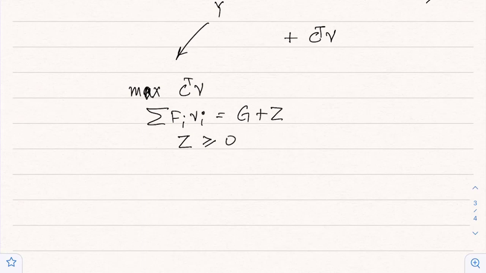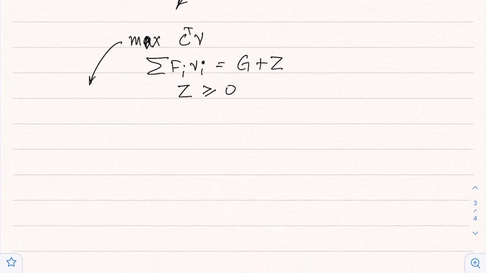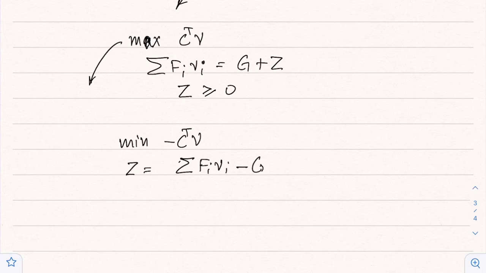Now, is this the original problem? Let's massage it a little bit. Let's write this problem as minimization of minus c transpose nu, where Z is equal to summation of Fi nu i minus G, and Z is positive semi-definite.